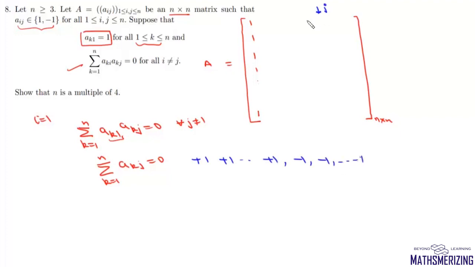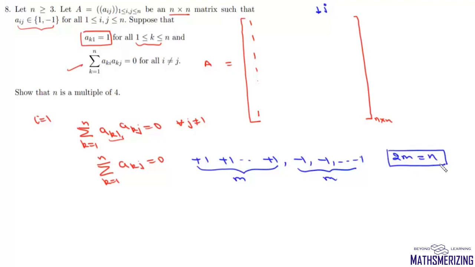And we know that there are altogether n elements. So say we have m ones and m minus ones. So we have a total of 2m elements in this jth column, and the total number of elements in any column is simply n. So we can say that this n is at least an even number.